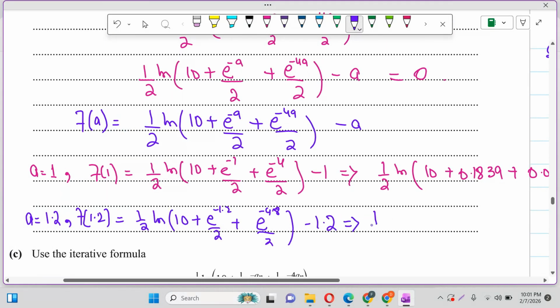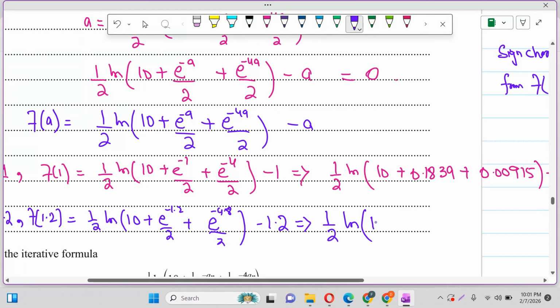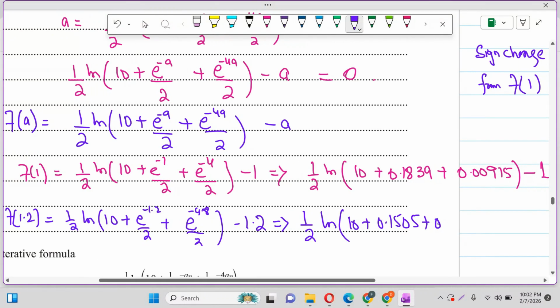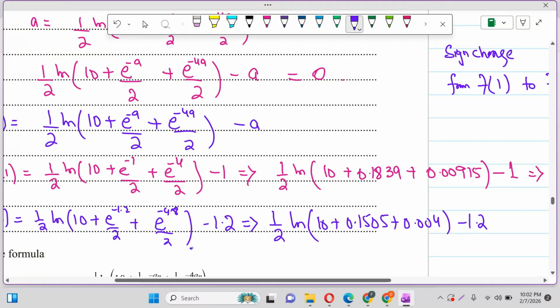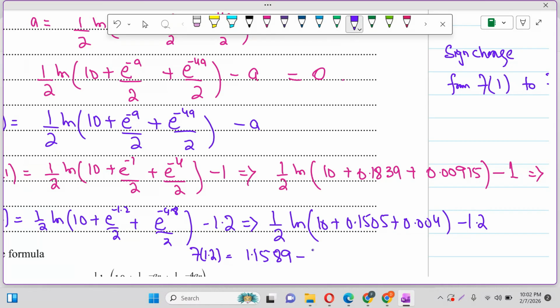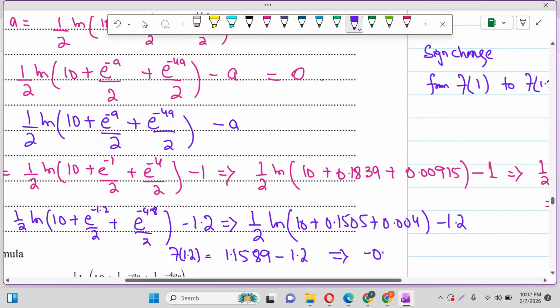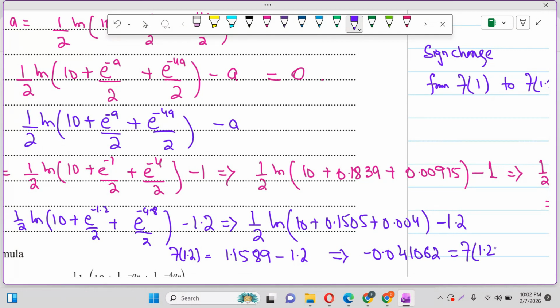Further solving we will have 1 over 2 ln 10 plus 0.1505 plus 0.004 minus 1.2. So we will have f of 1.2 equal to 1.1589 minus 1.2, and this one is equal to negative 0.041062. So we can say that f of 1.2 is negative.